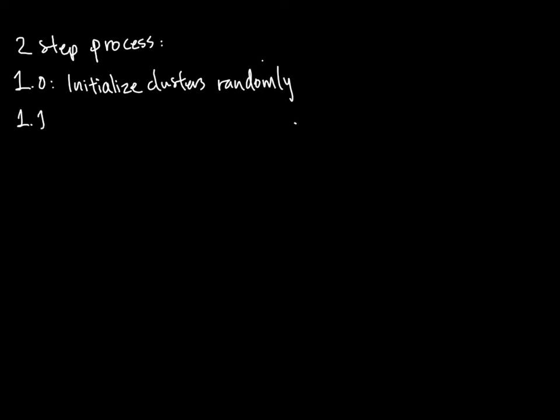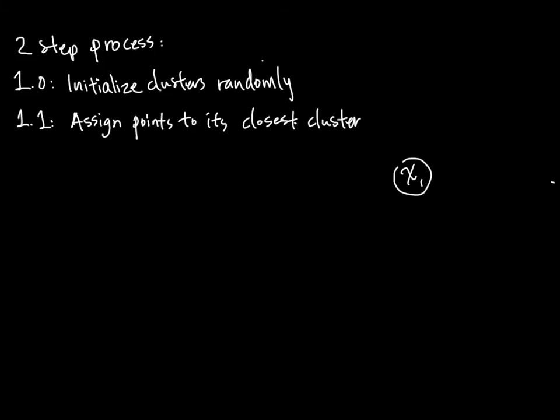We say 1.1 is when it actually happens, and that is when we assign points to their closest cluster. So if a point x1 was here, and a cluster z1 and a cluster z2 were here, you could see that the distance between this is shorter than the distance between this one.